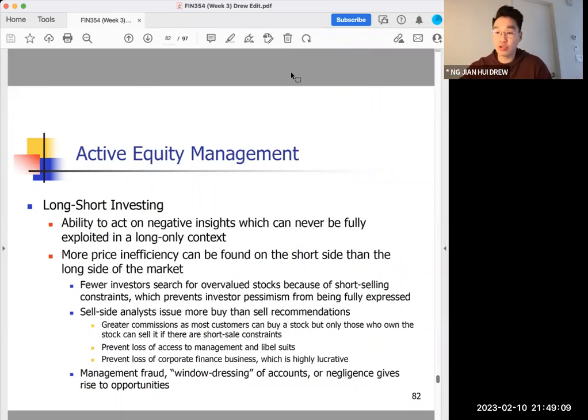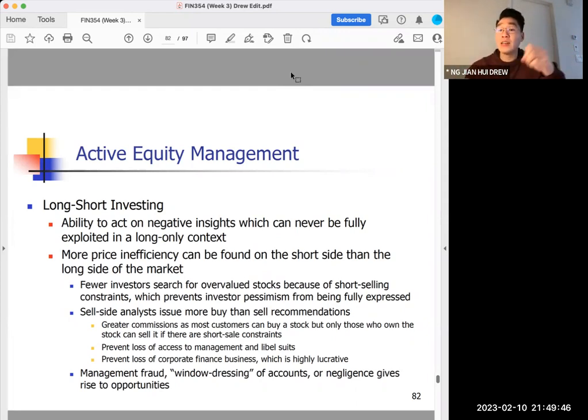And because not everyone can do a short strategy, the short sell market actually has more inefficiencies, and more things that you, as an active manager, can capitalize on. So if you're working as a portfolio manager, generally it's at a big company or a big bank or a big asset managing firm, and therefore you are open to short selling strategies. And if you are able to do short selling, then you should capitalize on this. So you do a long-short strategy where you hold a long stock and you do a short sell as well.